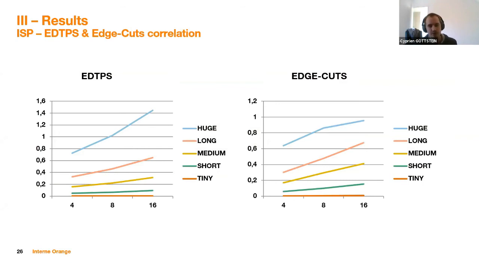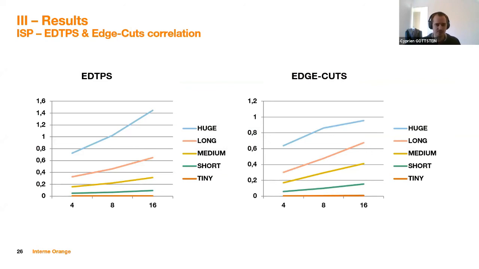Moving on, we wanted to check and prove that EDTPS is accurate, and it is, as you have a comparison here of the EDTPS curve and the edge cuts curve. There is only one for which it doesn't work, which is the huge category, but it's because there is a saturation effect on the edge cuts, as you may not have more than 100% of the edges of your graph cut.